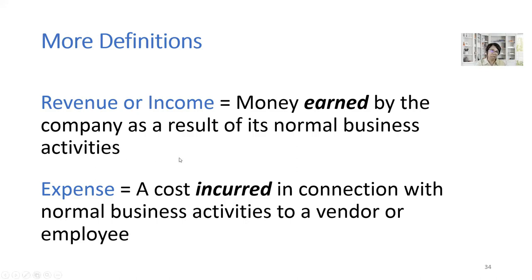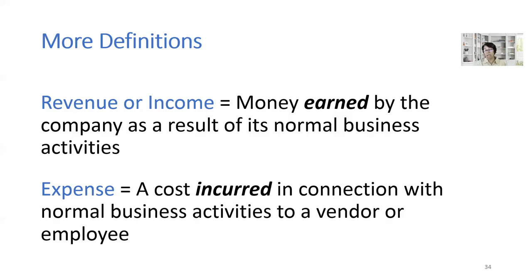Okay, an expense is a cost incurred in connection with normal business activities, and it's paid to a vendor or an employee. That's a cost. And again, you have to say normal business activities, because let's say one of the partners needed a loan and you give him money, you paid money, right?